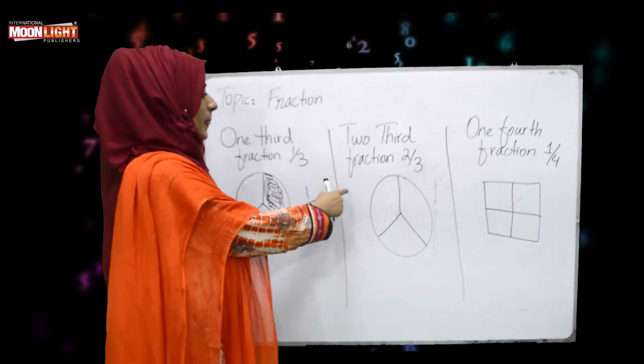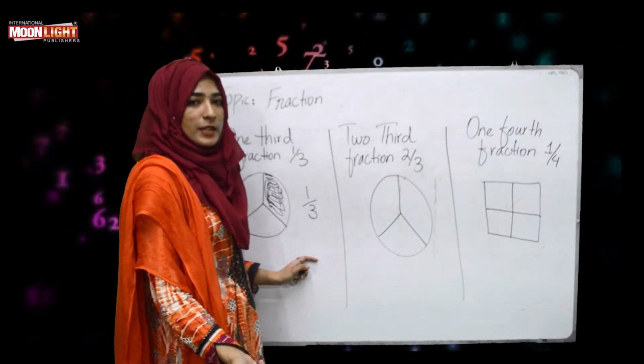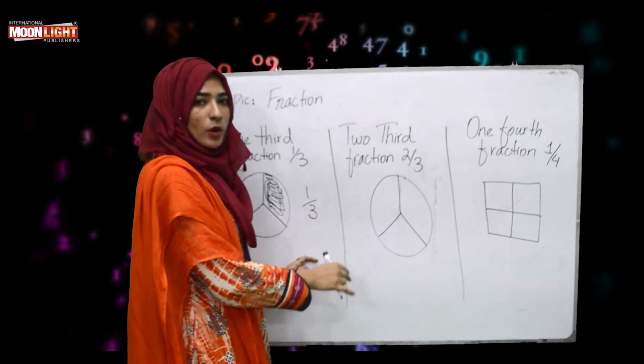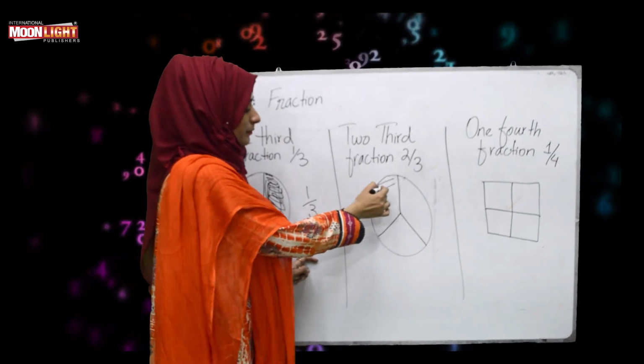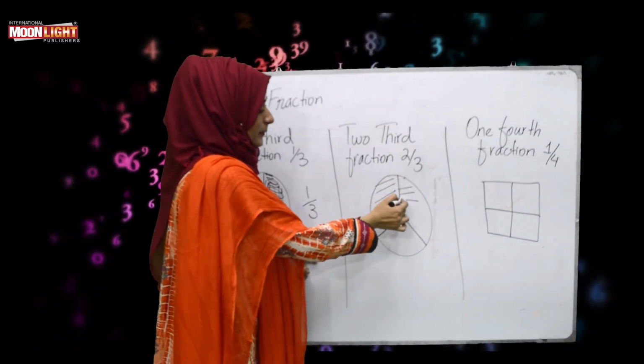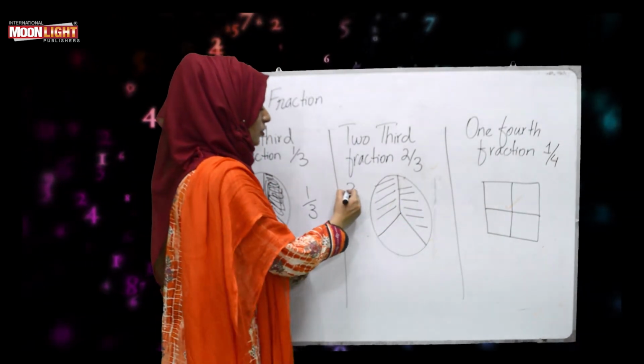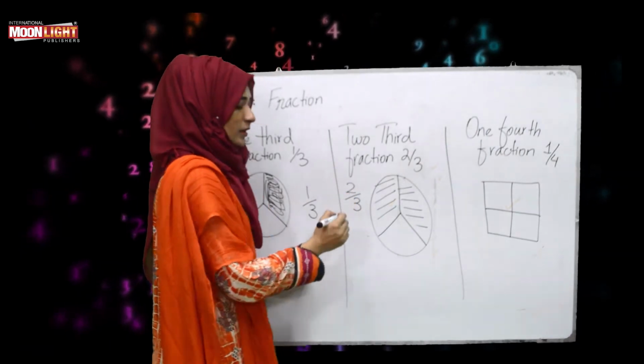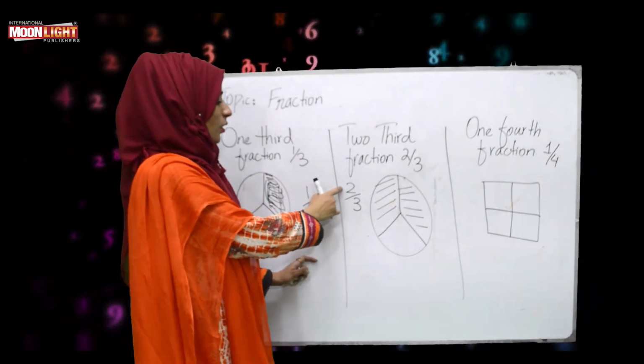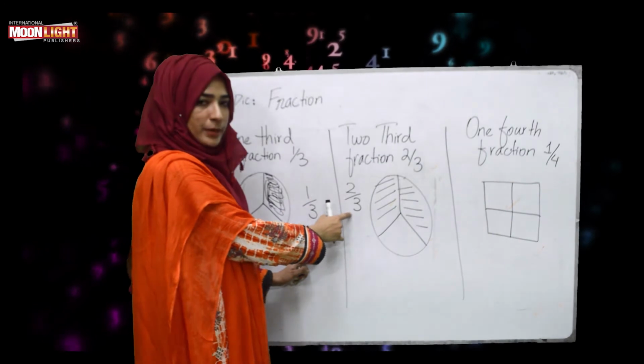Same as it is, if there is a figure that has 3 parts and you are taking 2 parts, like this, then you can write this in numerical form as 2 by 3. That means you are discussing 2 parts out of 3.